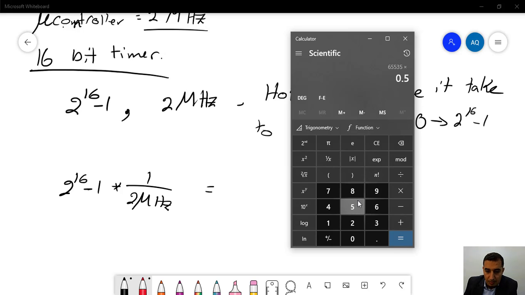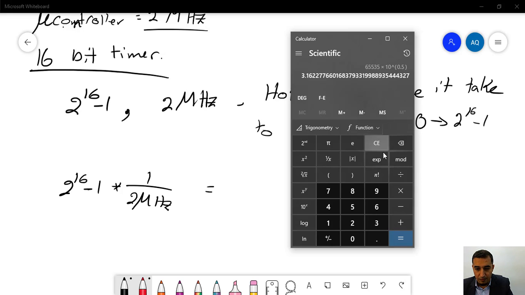I'm not used to using this calculator. That is 65535, and 65535 multiplied by 0.5 gives you 32,767 microseconds.